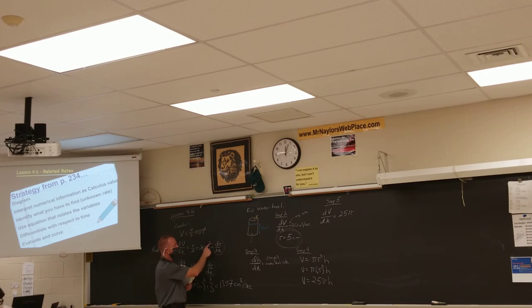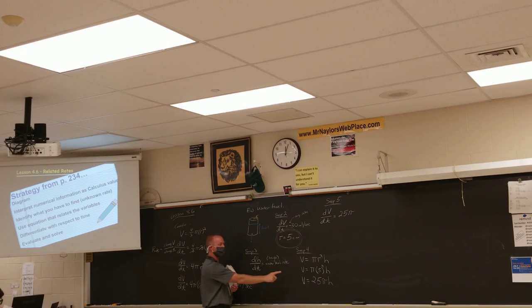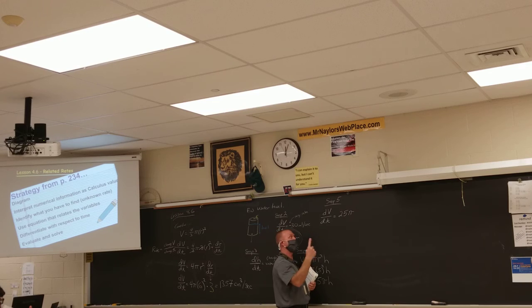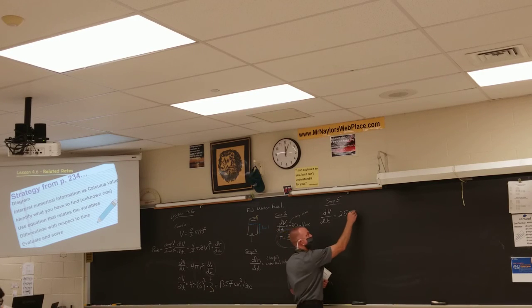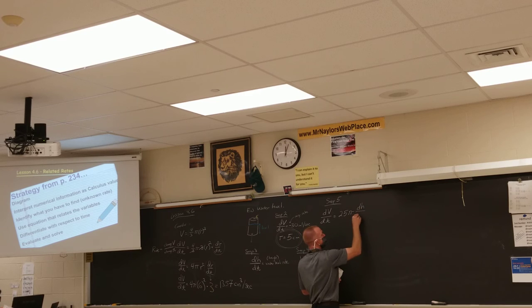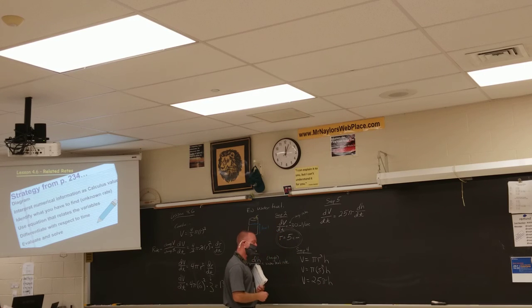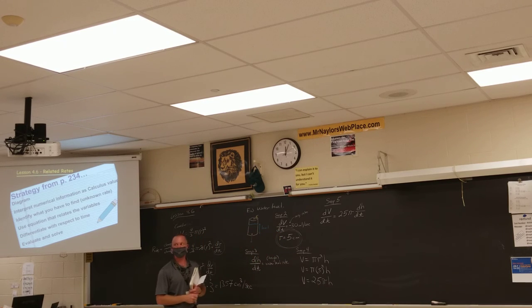This one was raised to a higher power, but the variable I'm going to do the derivative of is only raised to a power of 1. So what's the derivative of h? Okay, it's not 1. It's not h. It's actually just dh dt. When the variable is to the first power, the derivative is just going to be the derivative.